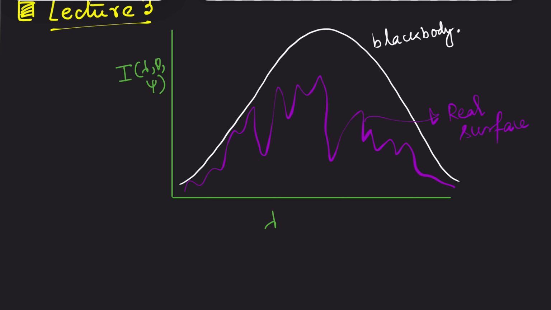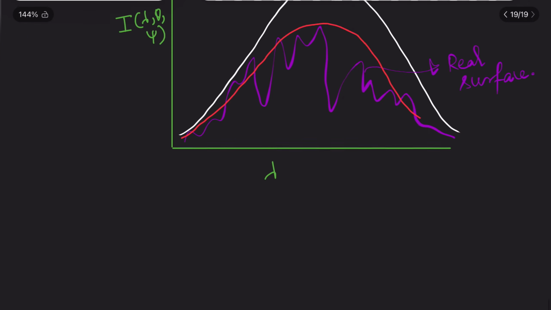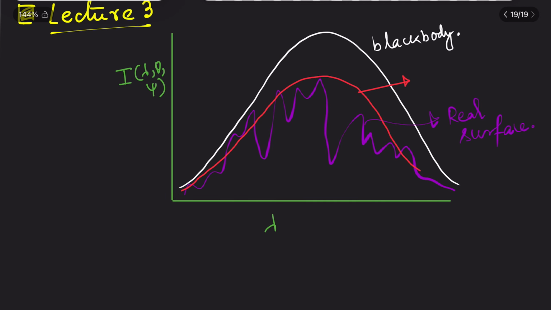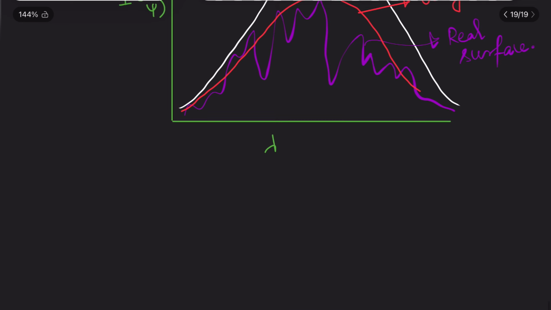In between there is another distribution like this, and this red distribution is of a gray surface. Now some of you will jump out of your seat and argue with me: what the hell, you told us that things will not vary with respect to lambda.